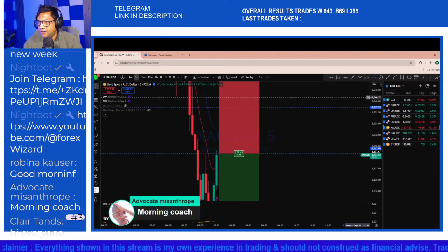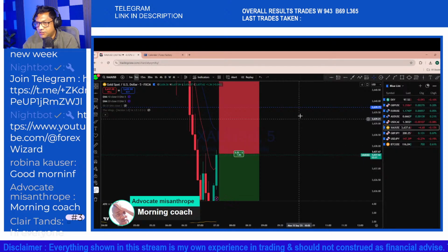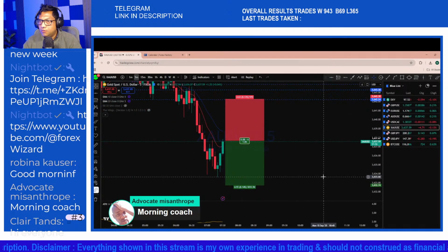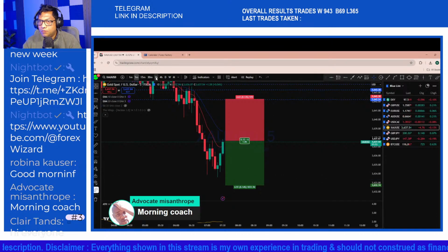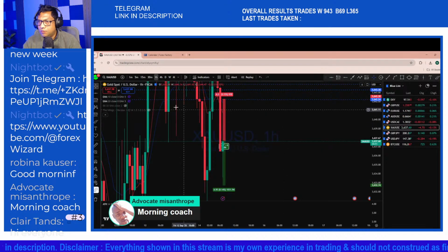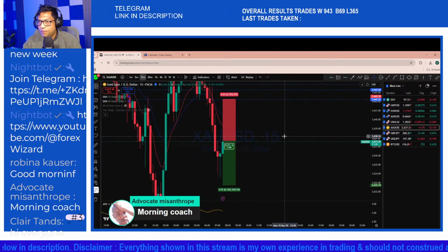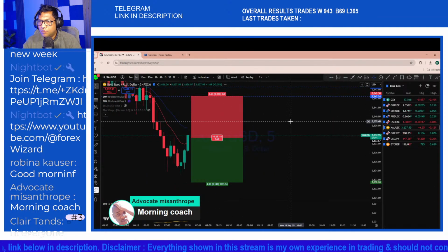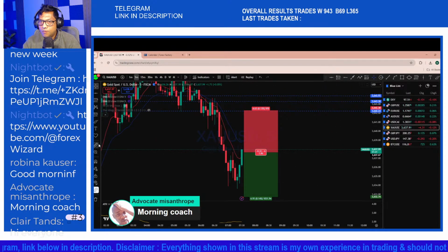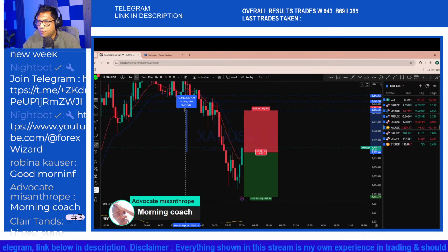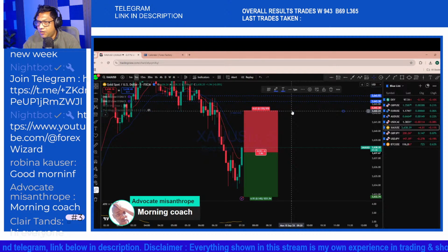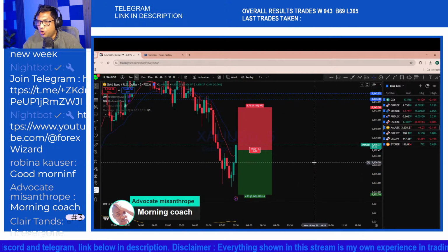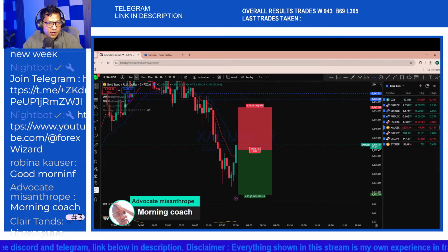The market is at this level where we are placing the pending order. 48 pip stop loss, 49 pip. I'm going to sell here this market.